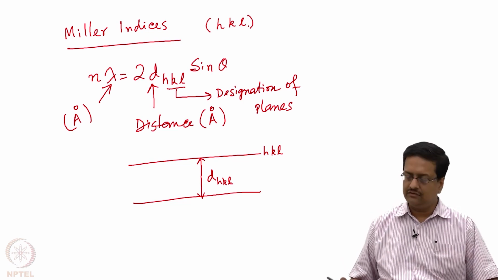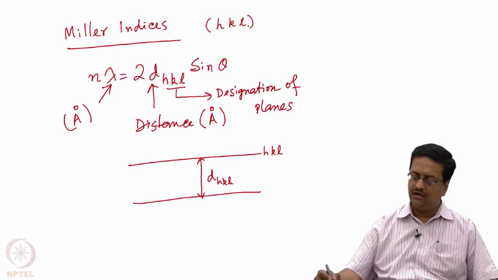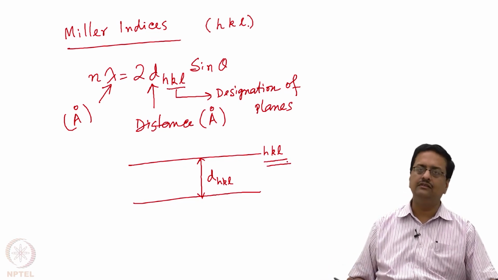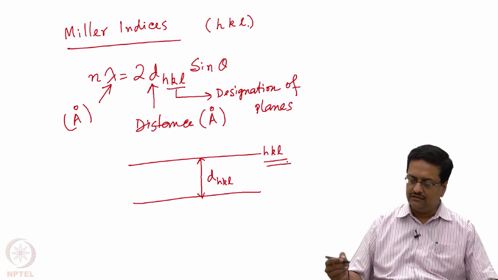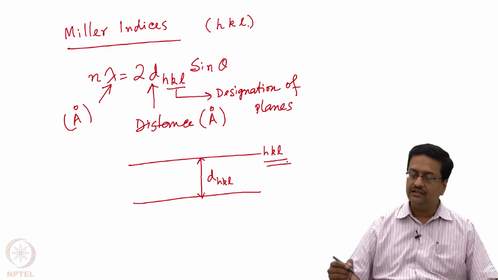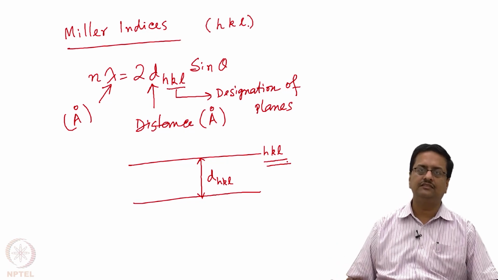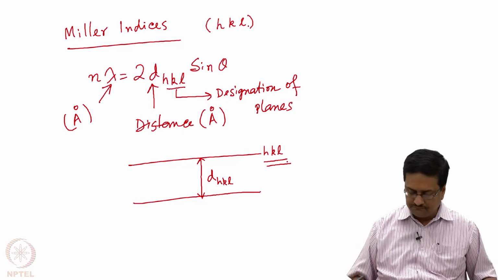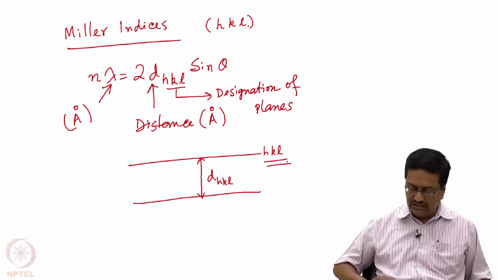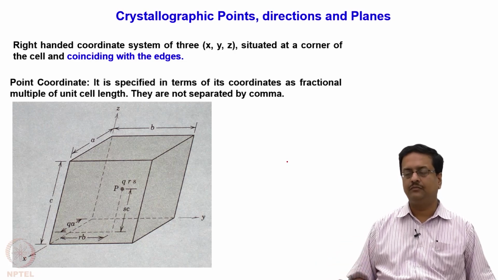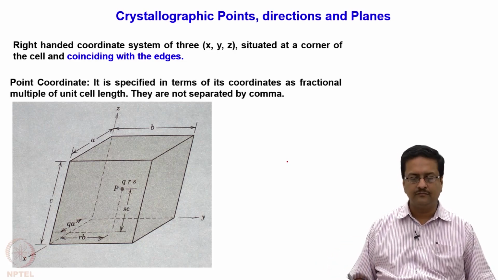So to do that, we need to know how to designate these HKLs, what are the possible values of HKLs, and then we should know the significance of those planes with respect to the axes x, y and z. So to know about that, we need to know about the crystallographic points, directions and planes.